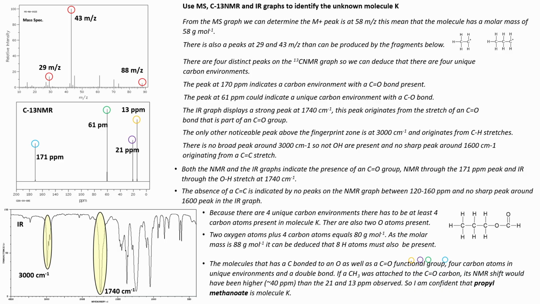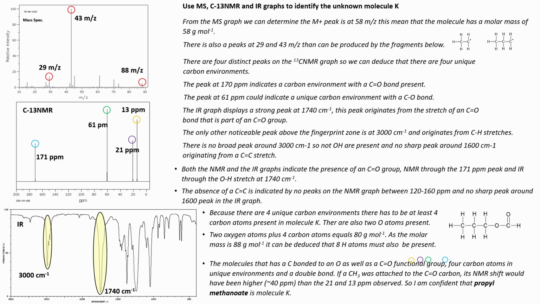Okay, so I guess the last thing we can do is just summarize all of this up. So the molecule has a carbon bonded to oxygen. We talked about that. That's the green one, as well as a carbon double bond oxygen functional group. The blue one there has 4 unique carbon environments.